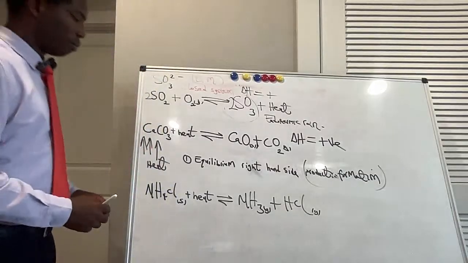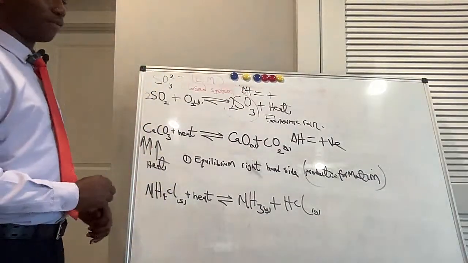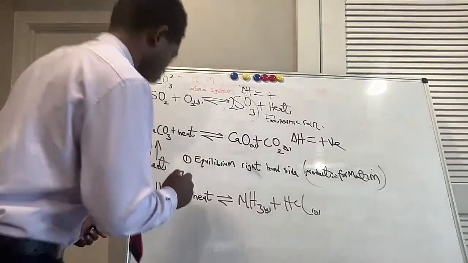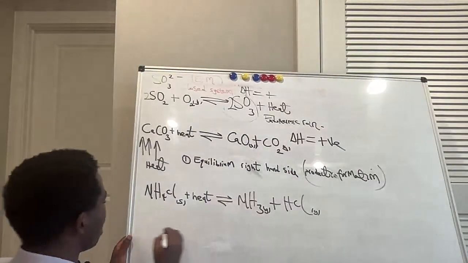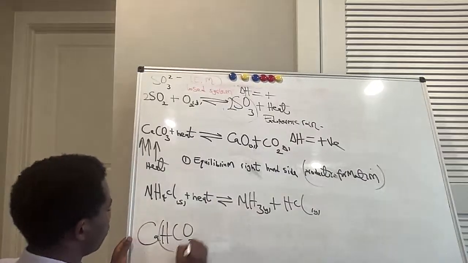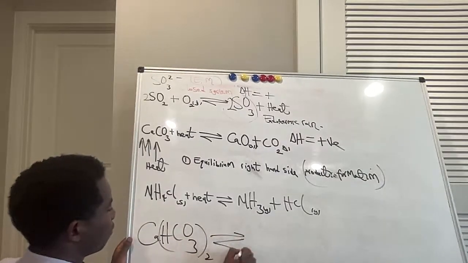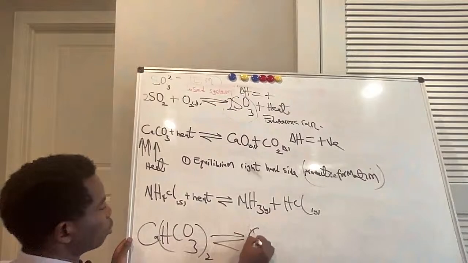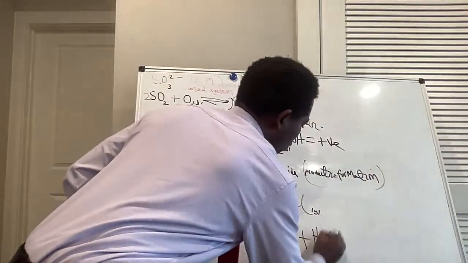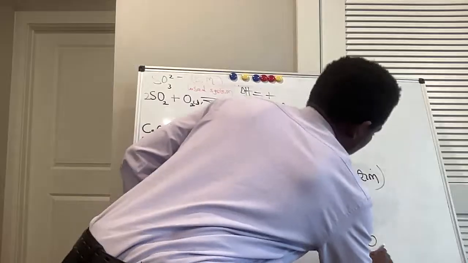So now, before we proceed, we are going to give a reaction. You should be able to tell what happens. Consider this reaction: calcium hydrogen trioxocarbonate(IV) produces calcium trioxocarbonate(IV), water, and carbon dioxide.